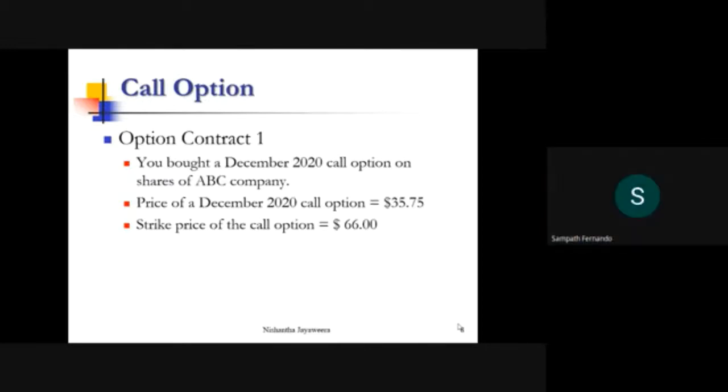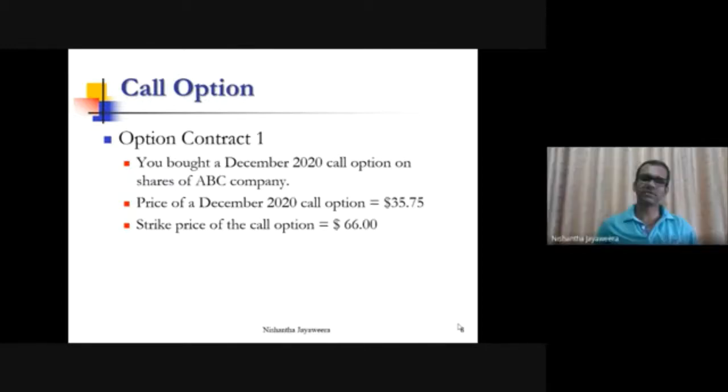What is meant by inverse floaters? We discussed floating rate notes. In the floating rate note equation, the coupon is the benchmark rate plus the margin. Whenever the benchmark rate increases, the coupon rate increases, and whenever it decreases, the coupon rate decreases.